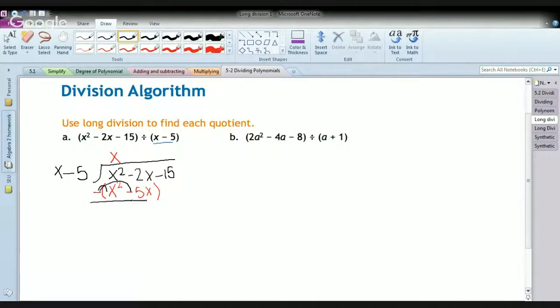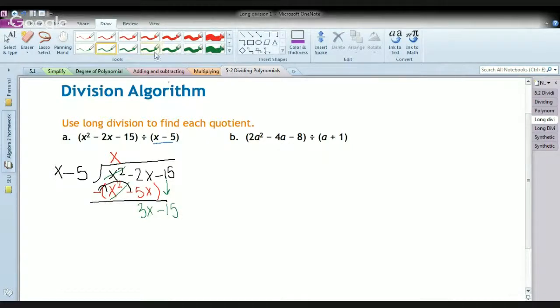So really what I'm saying is x squared minus x squared. That's going to cancel. And then negative times a negative is going to give me a positive 5x. So I'm saying negative 2x plus 5x. Well, that's going to leave me with 3x. And I bring down my negative 15.